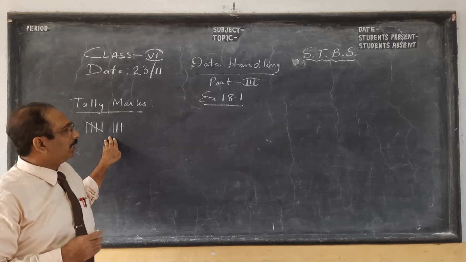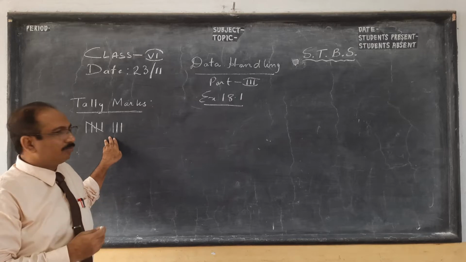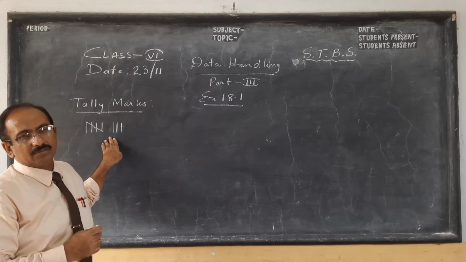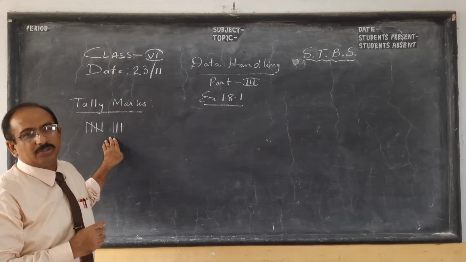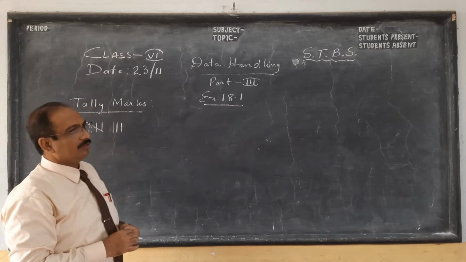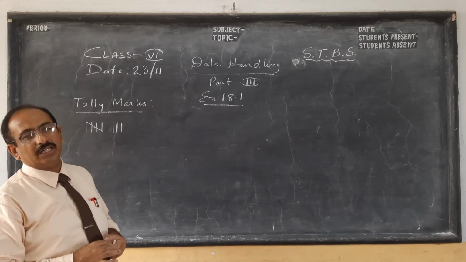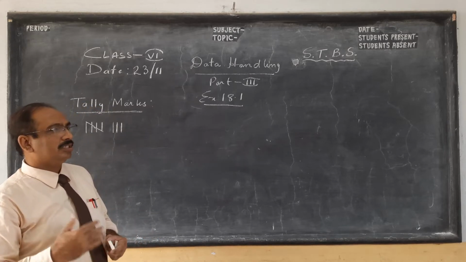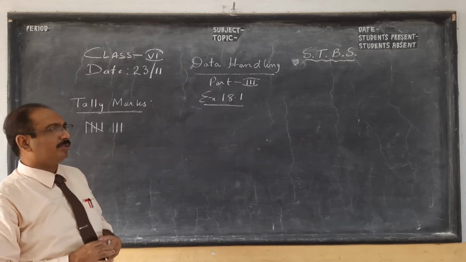One more video will come up about pictographs, where we will see how we draw pictures to represent different data. Then we have a bar graph, but for that you need graph paper. It is better to draw on graph paper.